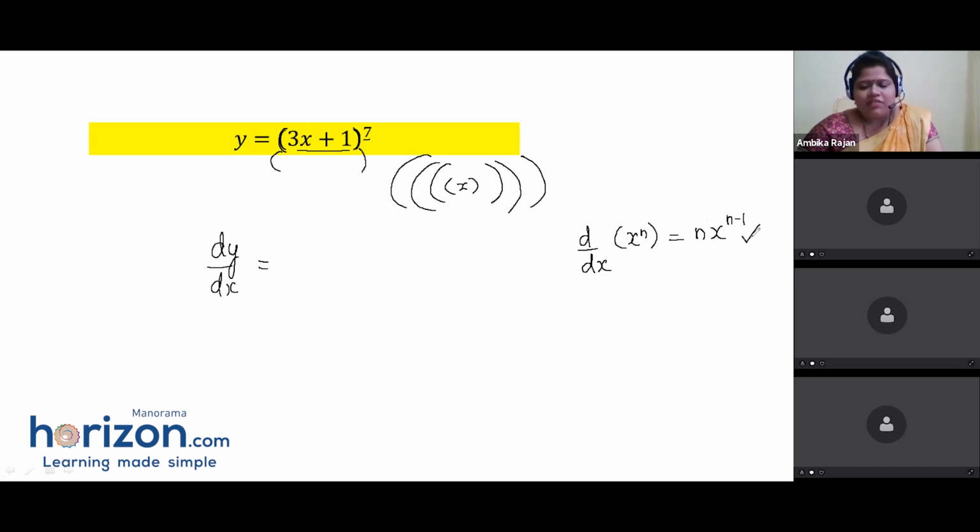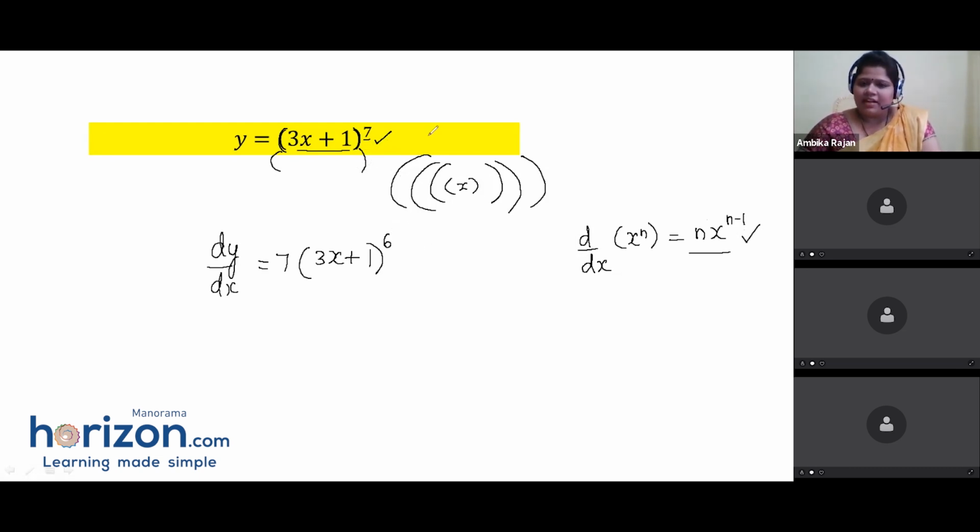So this is the rule, and we are going to apply it now for our outside function. So the derivative of the outside function is 7, I'm going to leave my inside alone, and reducing the power by 1 gives me 6.